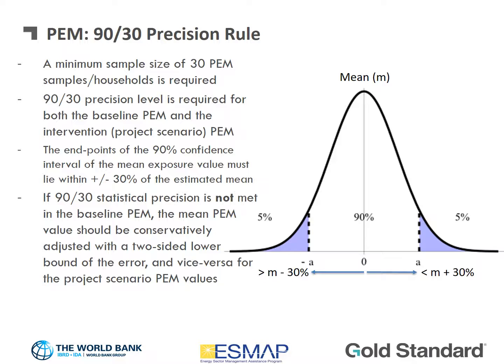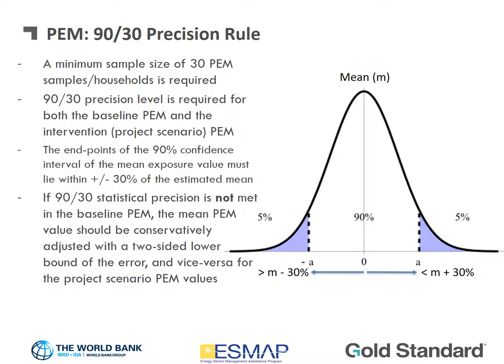And the 30% in the 90-30 rule designates a 30% change from the mean. So the mean minus 30% is shown on the left, and the mean plus 30% is shown on the right. And the 90-30 rule means that the 90% confidence interval endpoints should lie within plus or minus 30% of the mean.